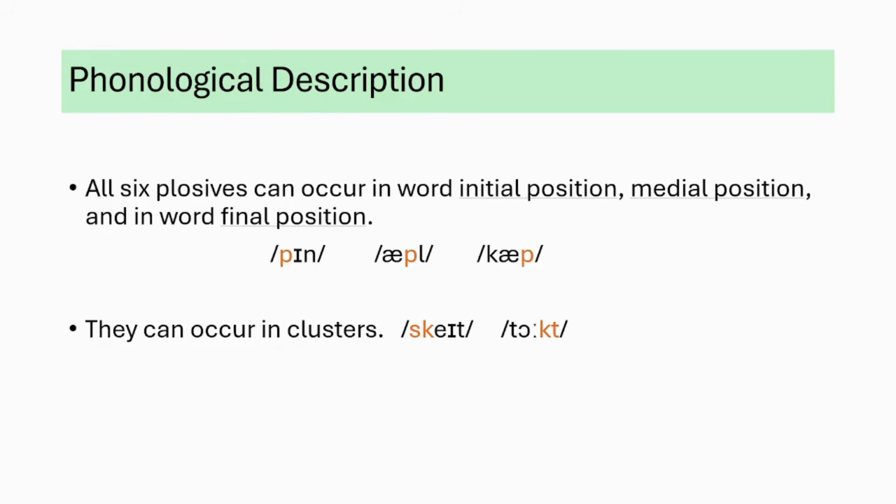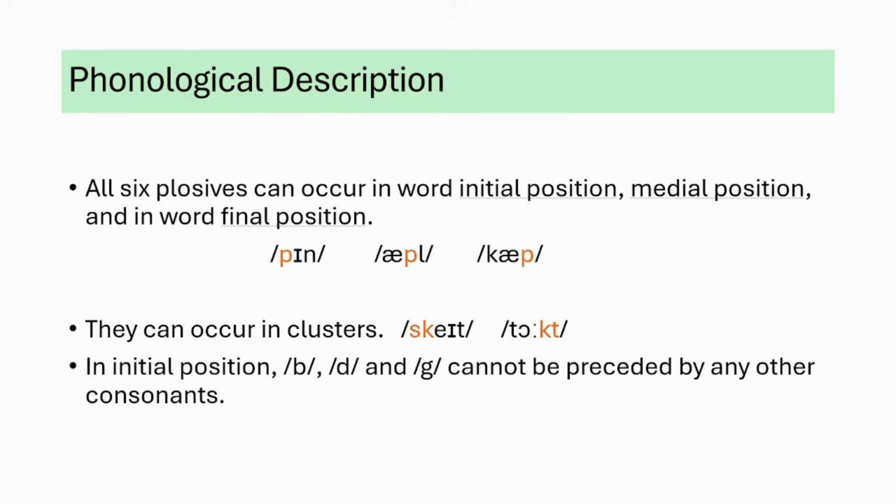They can occur also in clusters, both with other plosive sounds or with other group of consonant sounds, as in skate, talked. The only restriction we will name is that in initial position, voiced plosives b, d, g cannot be preceded by other consonants. This is the only restriction that we will mention for now.